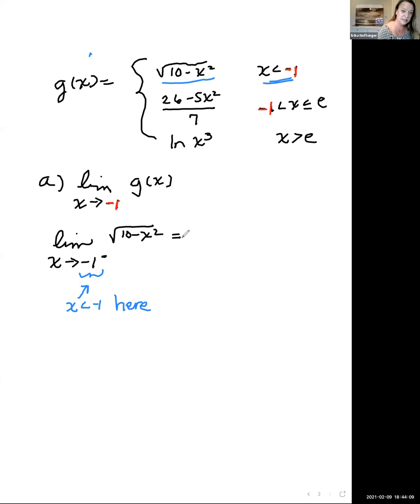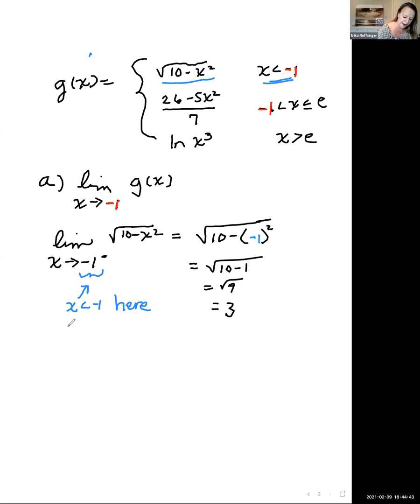So let's just do our direct substitution. We have the square root of 10 minus, put parentheses there, we're going to square that parentheses, and we're plugging in -1. Then simplify. This is the square root of 10 minus 1, or the square root of 9, which is equal to 3. Okay, so the left-hand limit gave us back 3.